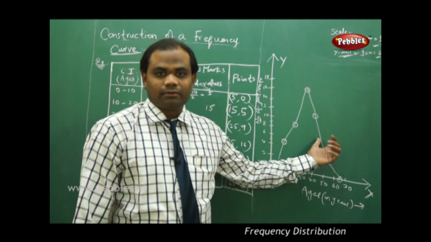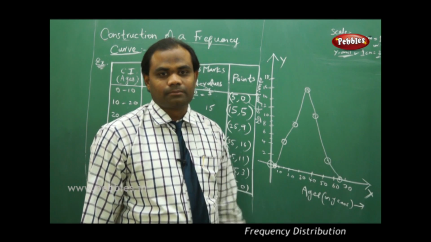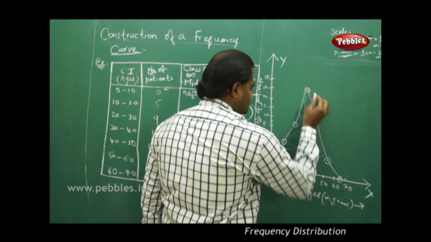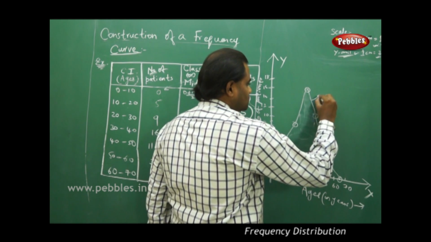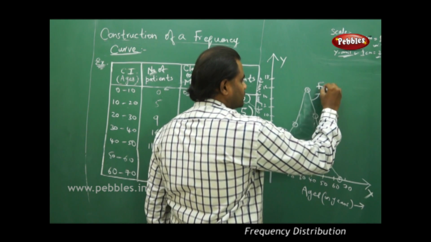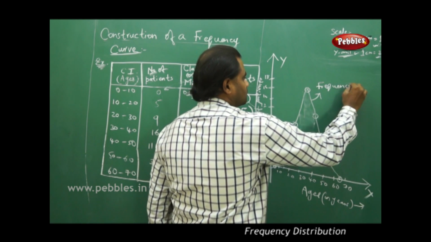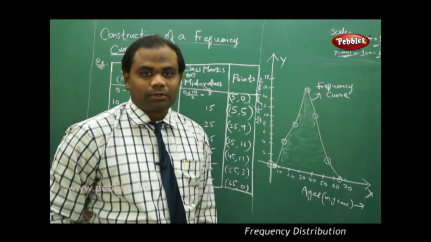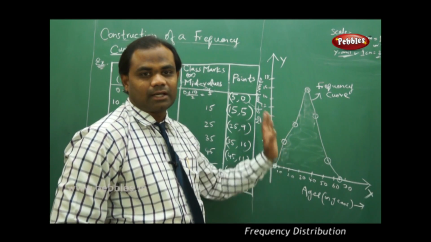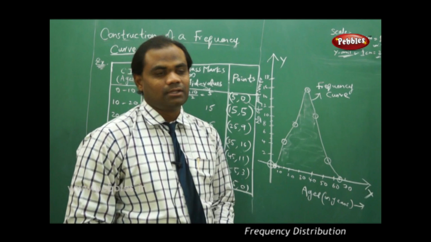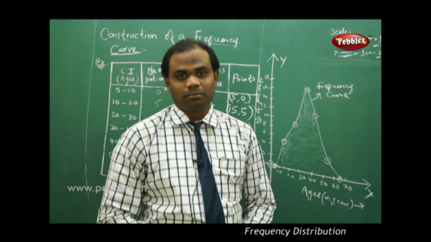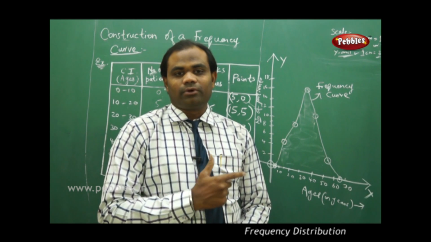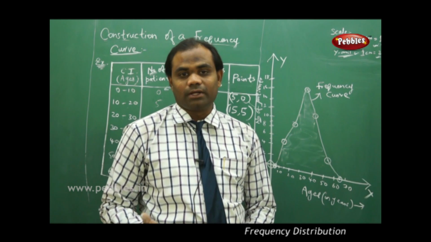Now I got a frequency curve, not a frequency polygon. This region will give me the area under the curve, and this line is called the frequency curve, which I obtain by plotting class marks on the x-axis and frequency on the y-axis. The core of understanding the frequency curve is joining the points through a free hand, a smooth continuous curve.